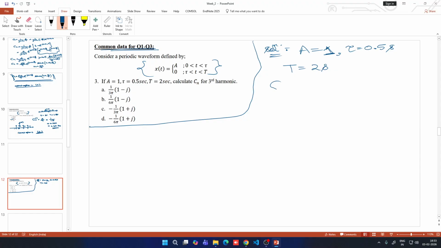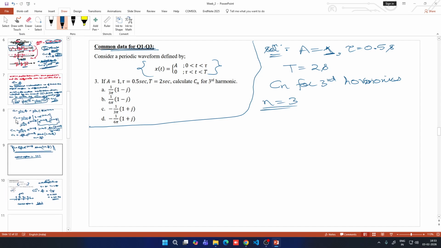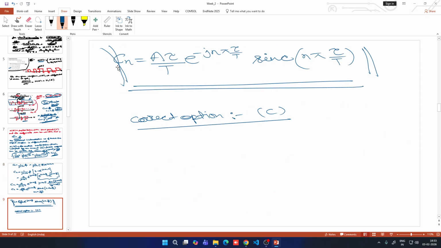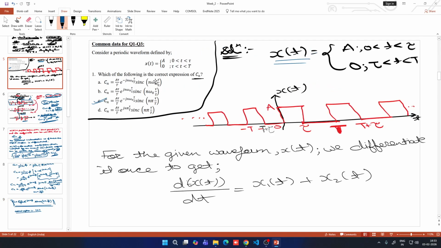So third harmonic means n is 3 here, and in the first problem itself we found a general notation for Cn for this x of t.